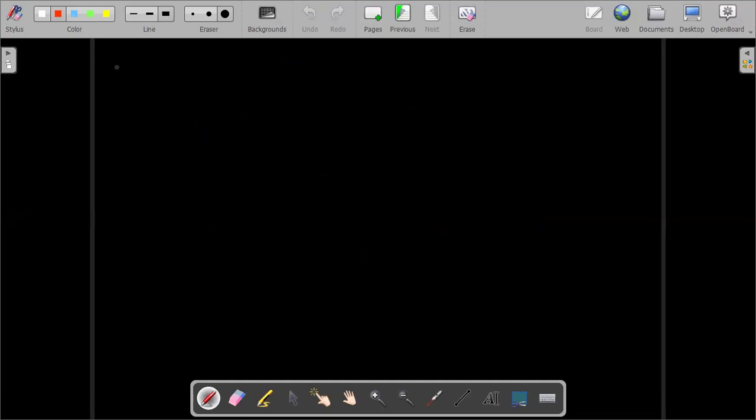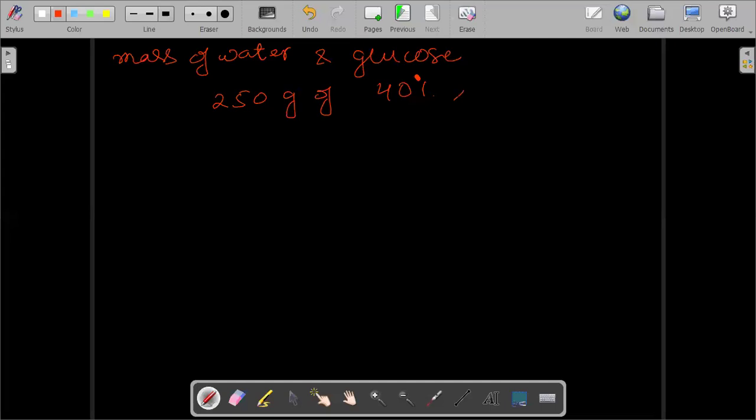You have to find the mass of water and mass of glucose required to make 250 gram of 40% solution of glucose. 40% mass by mass percentage of glucose, right?